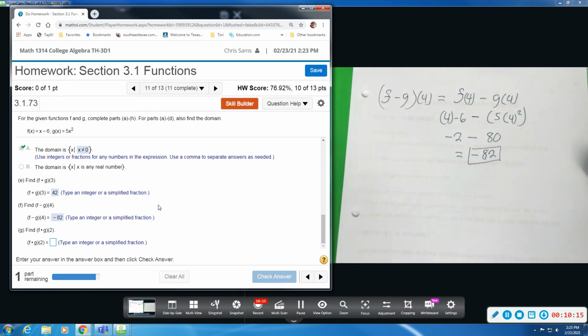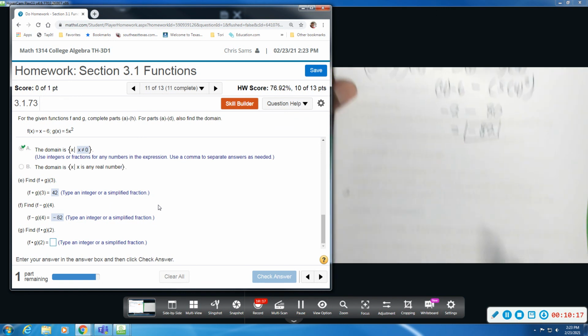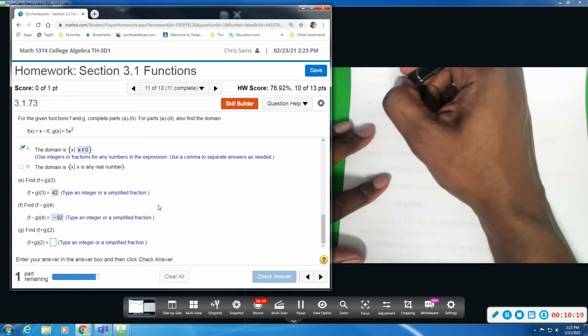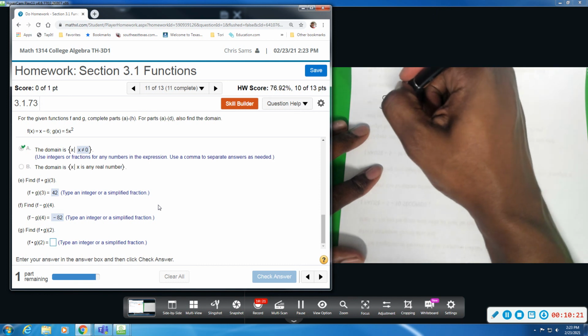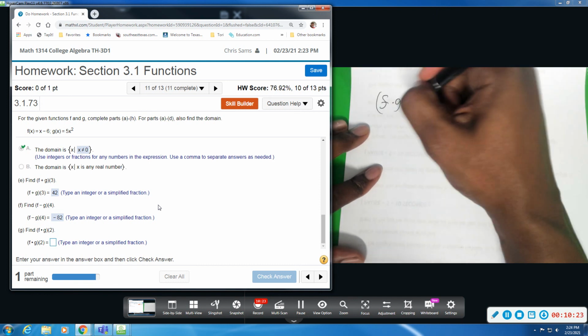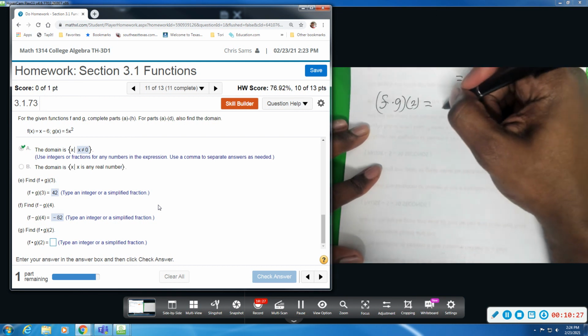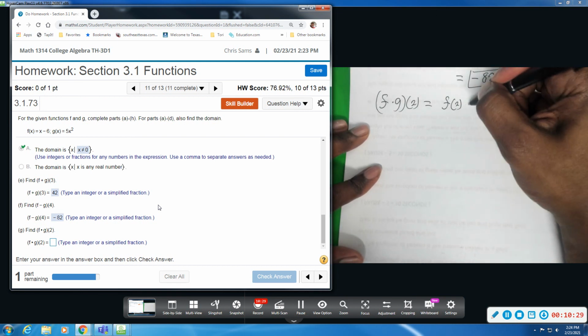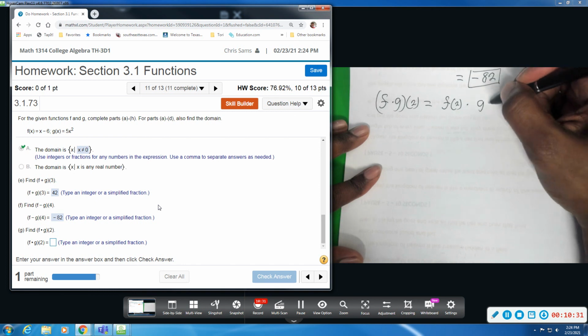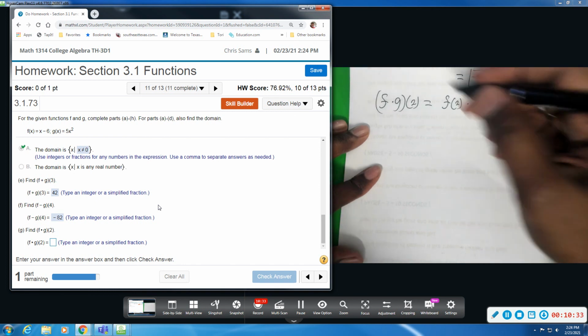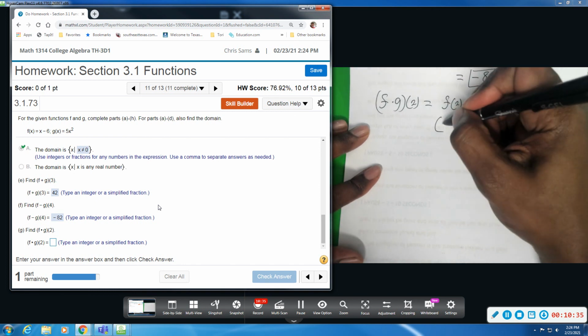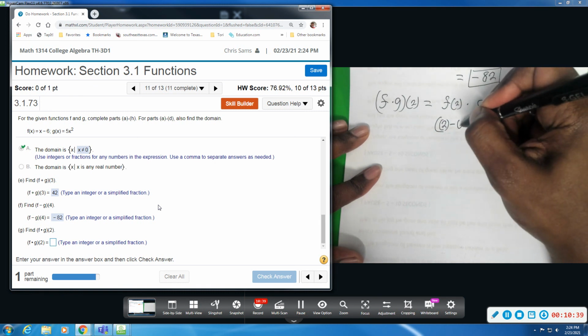We're going to multiply with 2 now. So we have f times g of 2. So that is f of 2 times g of 2. Alright, so f of 2 would be 2 minus 6.